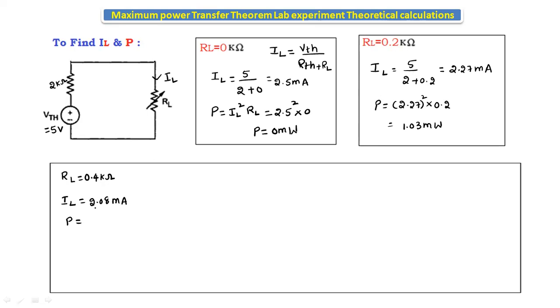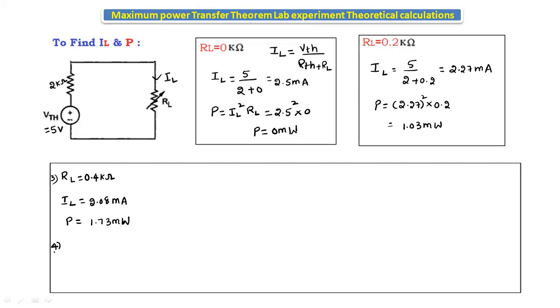If we calculate that, we will get 2.08 milliamps, and the power is 1.73 milliwatts. The formulas we use are the same. This is the first, this is the second, and this is the third value.